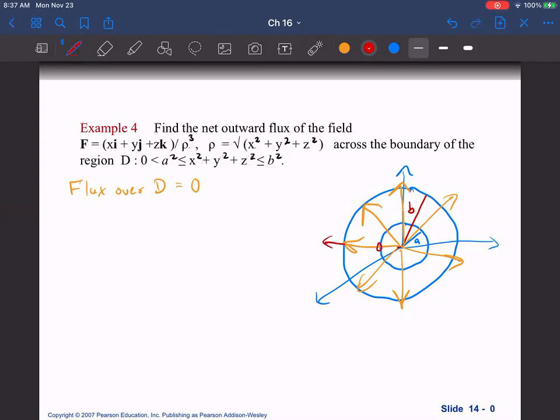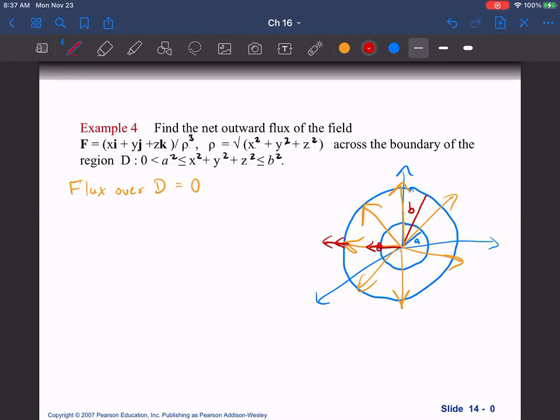So this one enters and it exits. So it's plus on one and minus on the other, and therefore will amount to a total of 0. So we end up with a total of 0 flux across the whole thing. And if you wanted to, you could go through and calculate the divergence and find that it turned out to be 0.